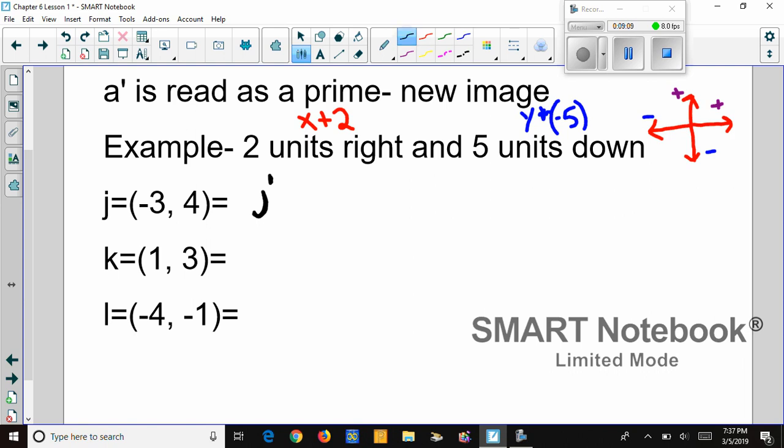So in order to find J prime, we're going to do negative 3 plus 2, and then 4 plus a negative 5.